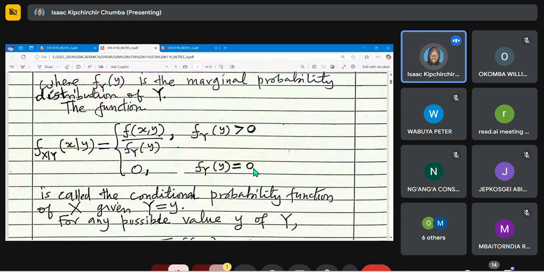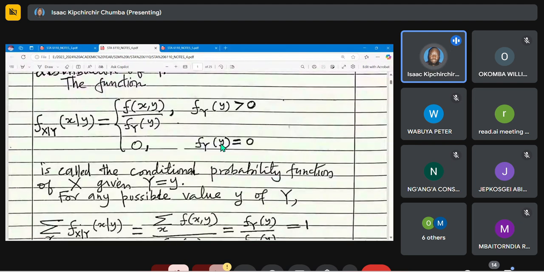It is outside the support of the marginal. So for a positive PDF, this is well defined because the denominator is positive. It will be taken to be zero otherwise, when we are outside the support of the marginal.